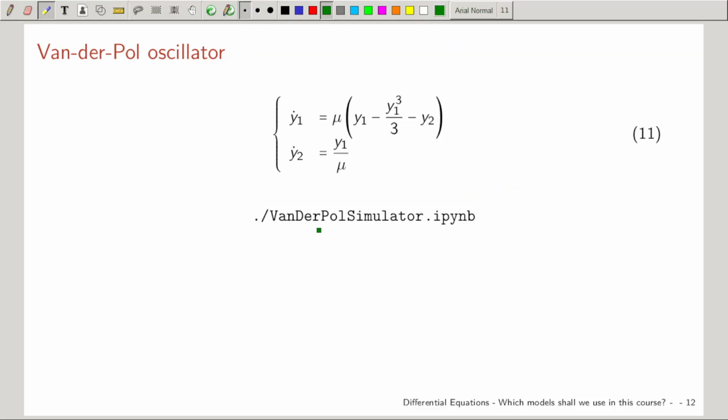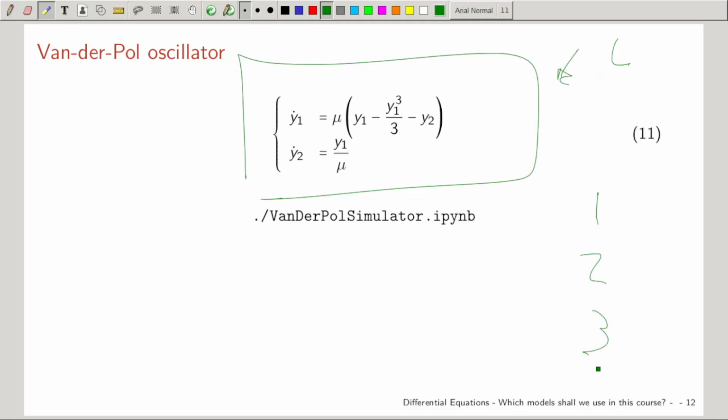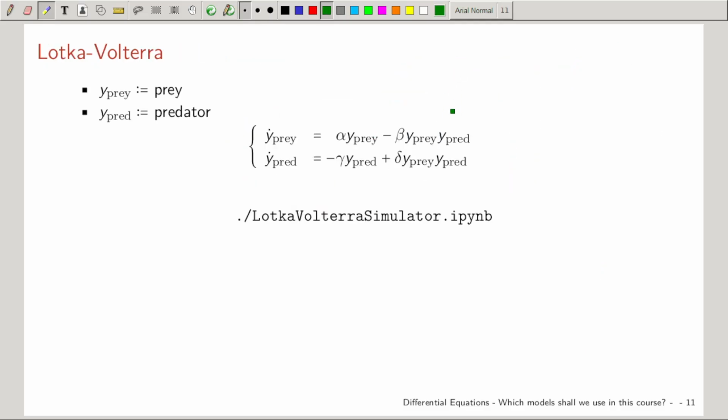For the people that know what linearity means, is this one a linear model? Yes, no, I do not know. No, why? Very much no. This one, is it a linear model?